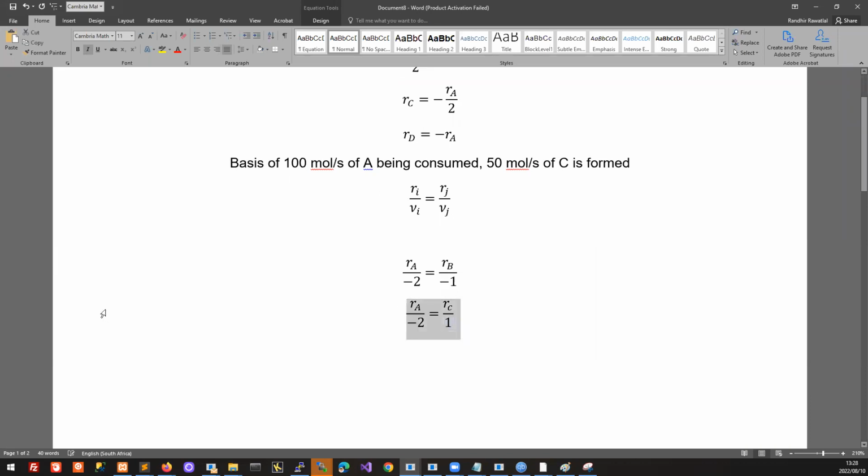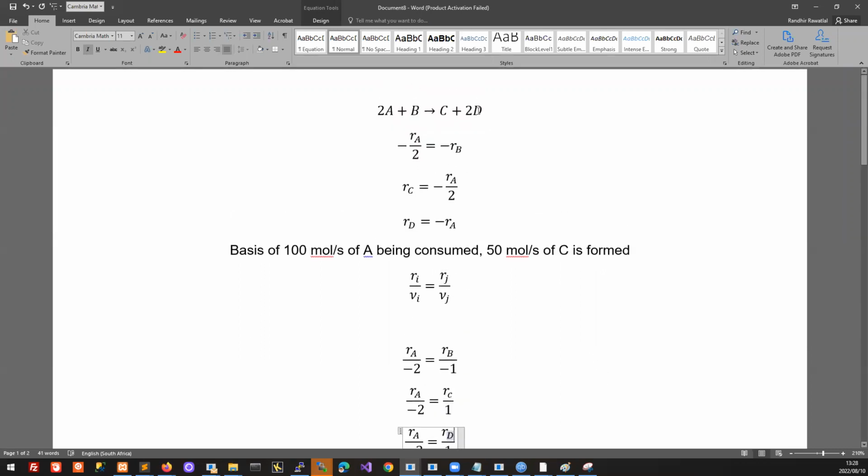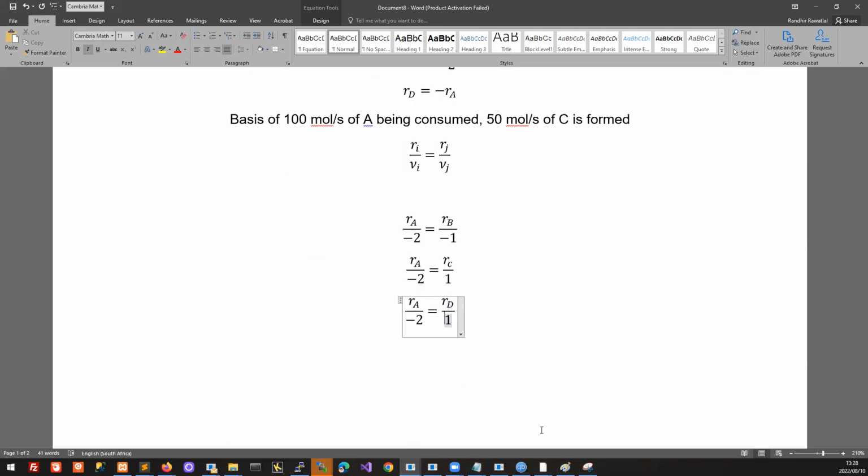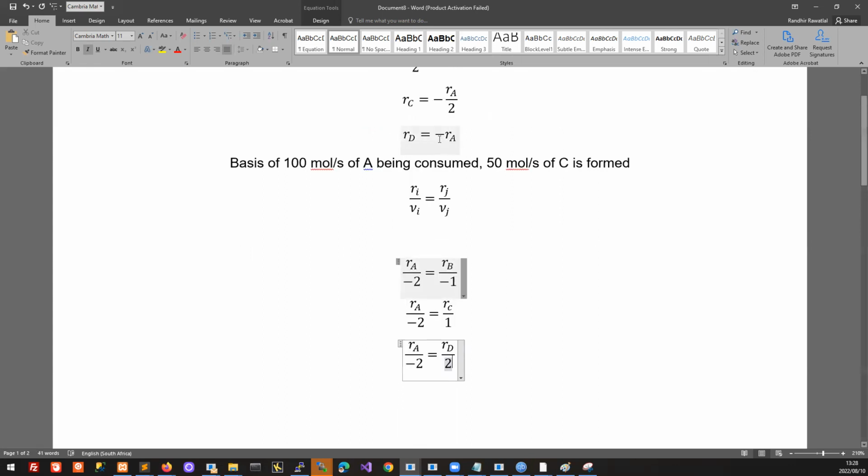And then again, for completeness, we can do RD as well. So for RD, it's RD divided by its stoichiometric coefficient, which is a +2. And then if you look at what we wrote here, -RA equals RD, which is the same as this. So you see, it all agrees.